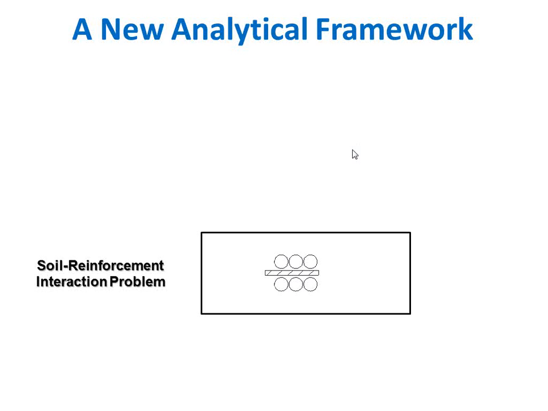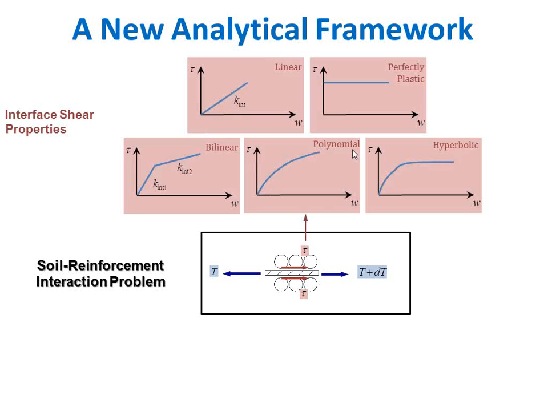But in order to come up with this one parameter, when we characterize the soil reinforcement problem, essentially we're pulling out a reinforcement and we're tensioning the reinforcement under confinement. And so what we really want is some characterization of this interface between the reinforcement and the soil.